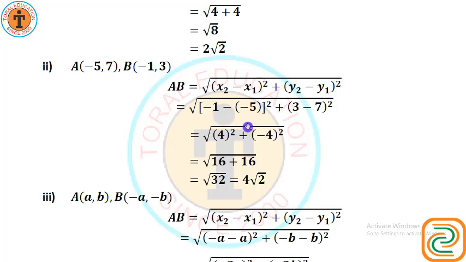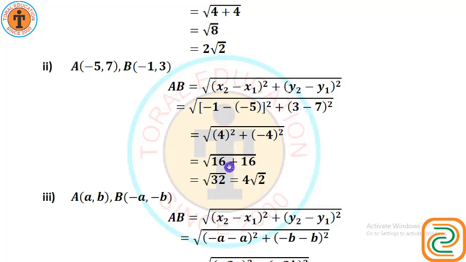Therefore I have taken large bracket whole square plus 3 minus 7 whole square. 3 is y2 and 7 is y1. 3 minus 7 whole square. Here look at here, this is minus 1 and minus minus is plus, this is plus 5. 5 minus 1, that is 4, and 3 minus 7, that is minus 4.